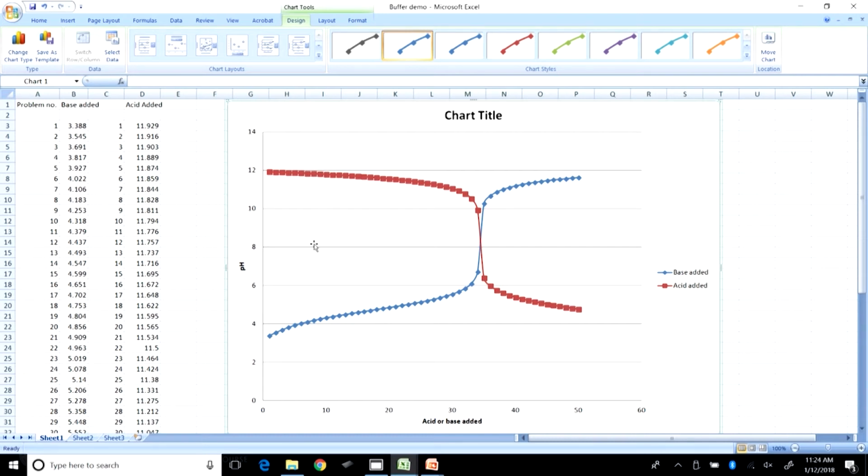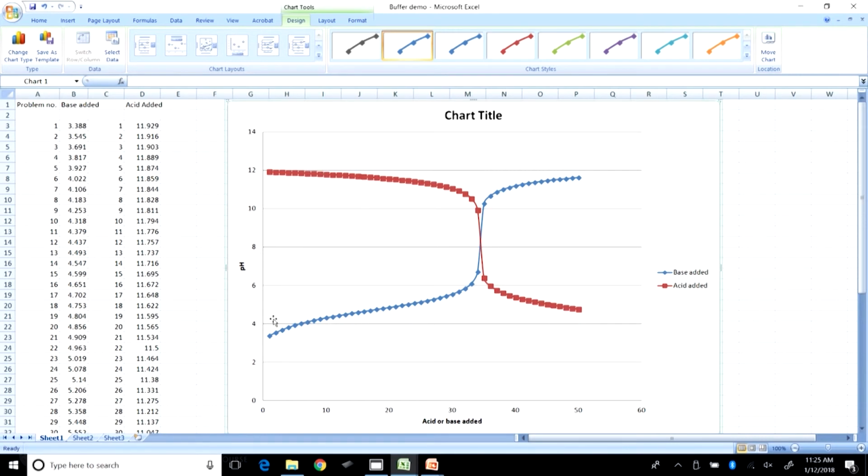To go from pH around 12 to pH around 11, I need to add almost 20 units of that particular 3 moles per liter of acid. And same case here, to go from pH of around 4 to pH of around 5, I need to add around 20 units of this particular base.